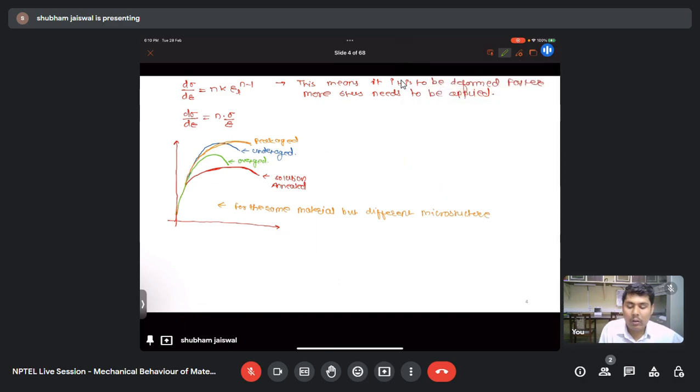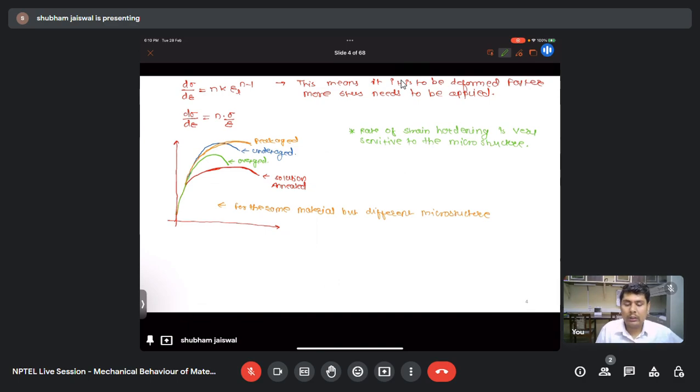From this graph, what we came to know is that the rate of strain hardening is very sensitive to the microstructure.